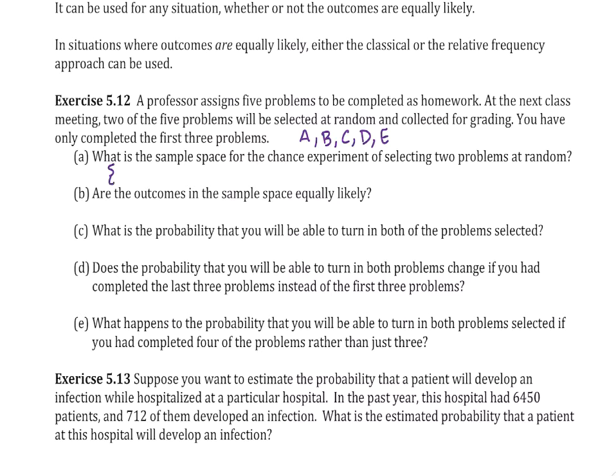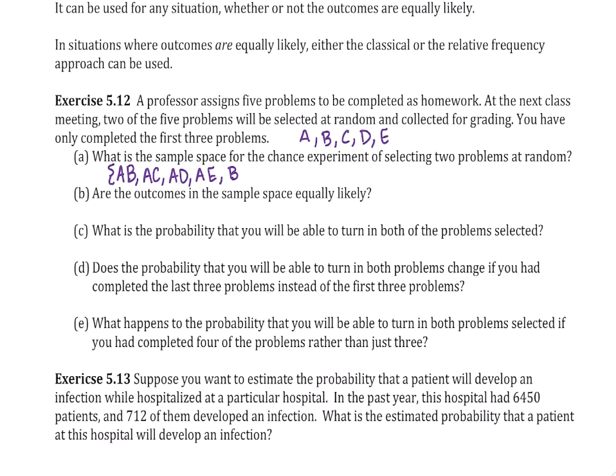So we need to make all of the pairs possible. I tend to start with my first letter and keep with that first letter and go down the list. So A can be paired with B, C, D, or E. So now I've done all the pairings that involve A. Now I go to B, and I don't have to do the BA because this time the order doesn't matter, it's not like it's two dice or anything like that.